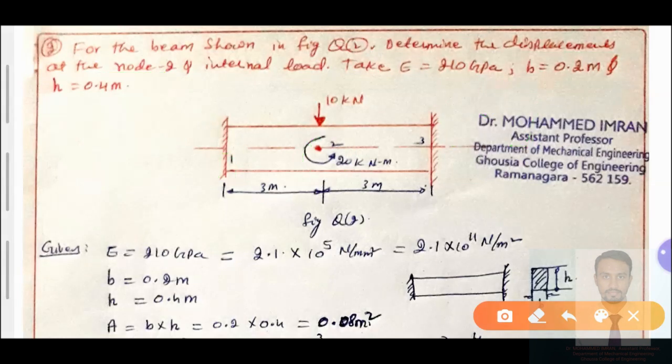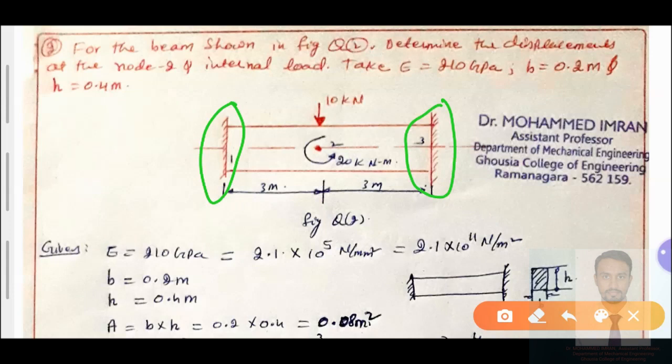If they have not given it, we also need to find out the displacement at node number 2 where the forces are exerting. If they have given it, it is well and good. We need to identify the nodes 1, 2, 3 and give names similar to this. This end is fixed and this end is fixed.